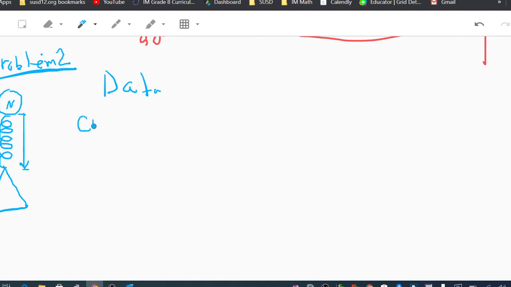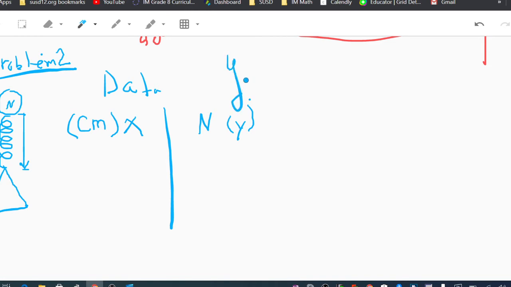On the left side of the data table is centimeters, and I want to call that our x value. And then on the right side of our data table was newtons, and that's going to be our y value. Even though we're not graphing this, that just helps me think of it.